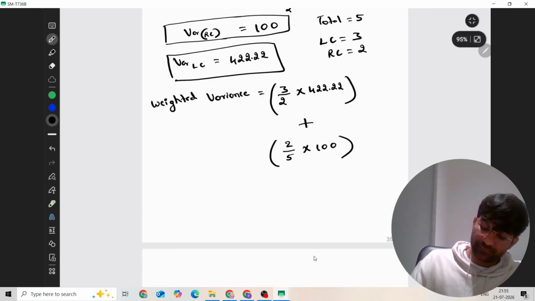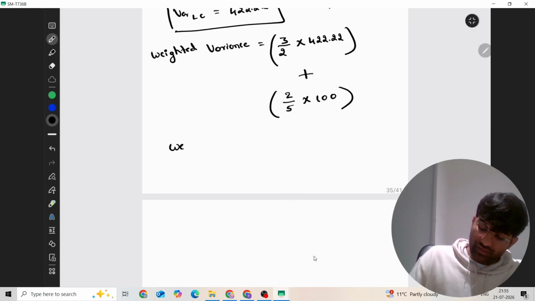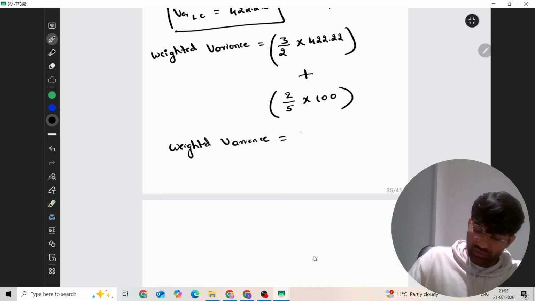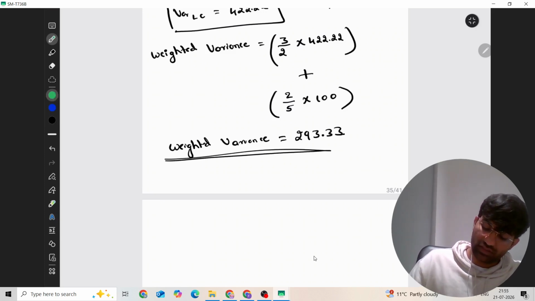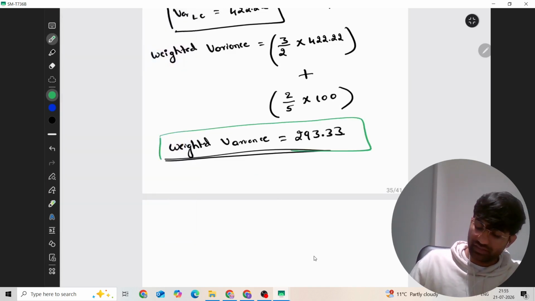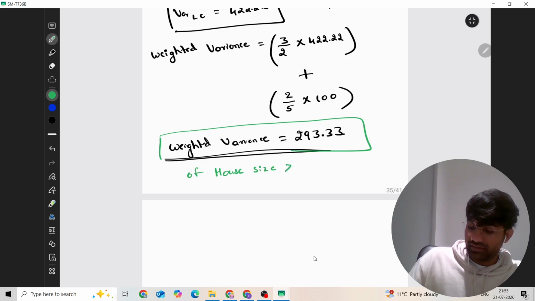This gives the weighted variance equal to 293.33. This is the weighted variance of house size less than or equal to 1200 square feet.